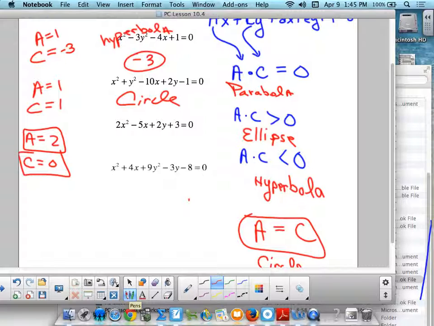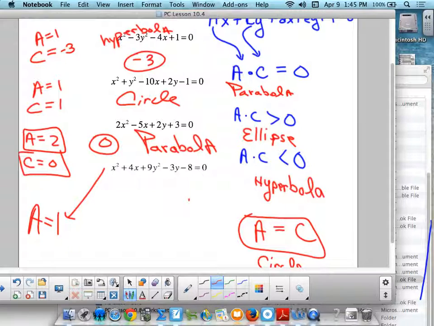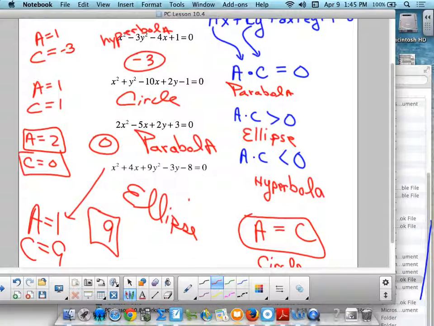Multiply them, you get 0. 0 means parabola. Okay, and then finally this last one: a is 1, c is 9. Multiply, 9. This one's an ellipse, right? See what I'm saying? This is easy.